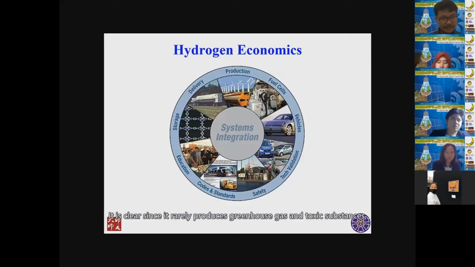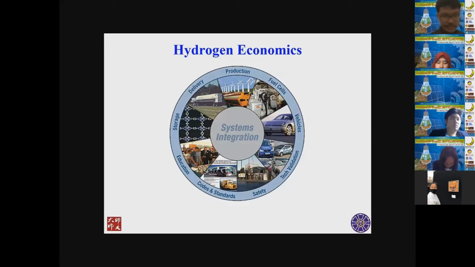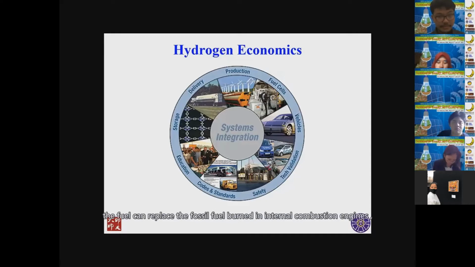It is clean. It rarely produces greenhouse gas and toxic substances and can store a huge amount of energy per unit weight. One example of a hydrogen economy is that the fuel can replace the fossil fuel burned in an internal combustion engine, eliminating greenhouse gas emissions and pollution from the engine.